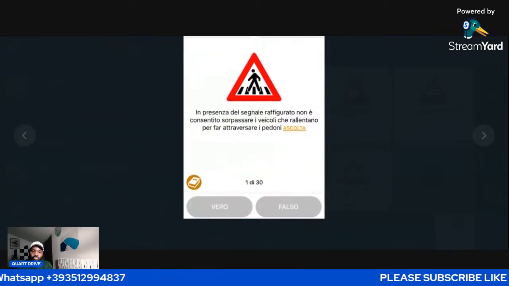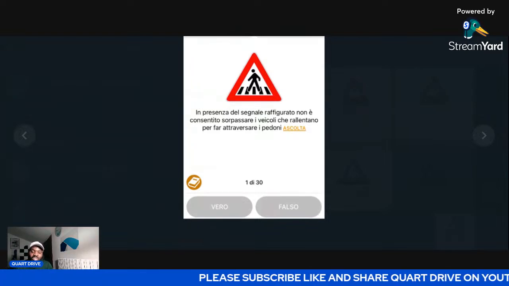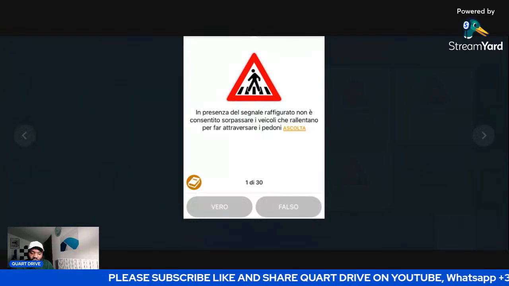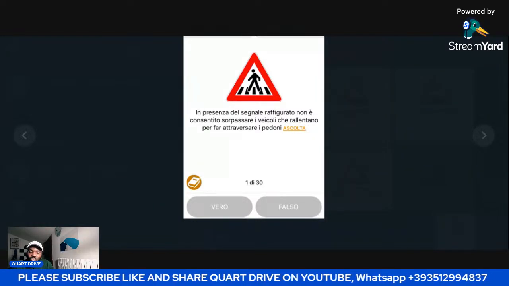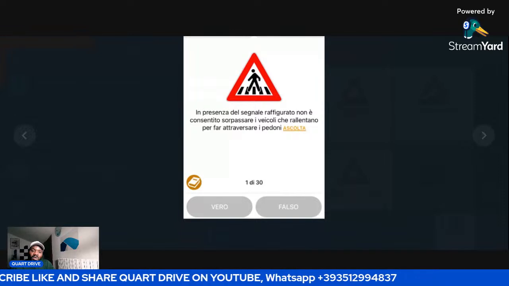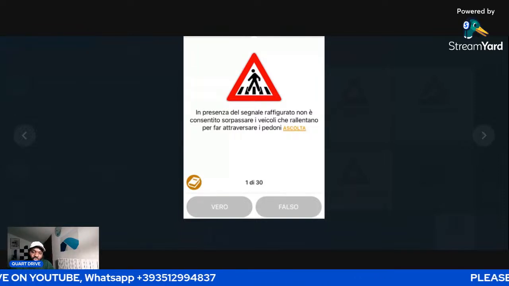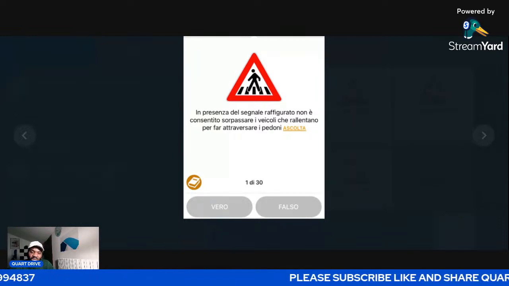È vero. One of the things you have to be careful about is whenever you see that the road is blocked with cars in front of you, you have to be patient, because maybe there is a disabled person crossing the road, or something is going on in front of the car in front of you.